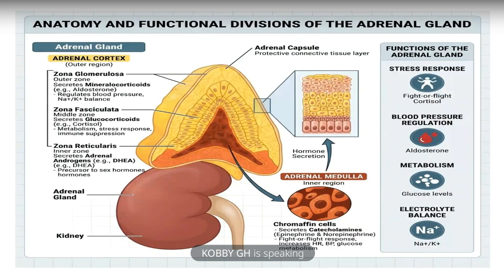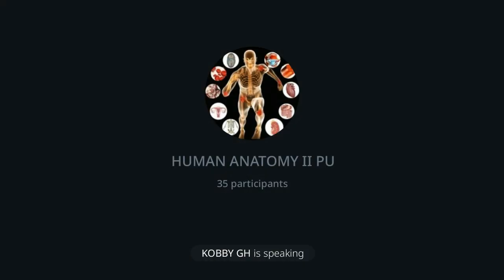So if aldosterone helps to reabsorb sodium into the blood, it means that aldosterone helps you to excrete potassium. That is also an exchange principle there. If a textbook tells you that aldosterone helps you to reabsorb sodium, automatically you should know the same aldosterone will also help you to excrete potassium.